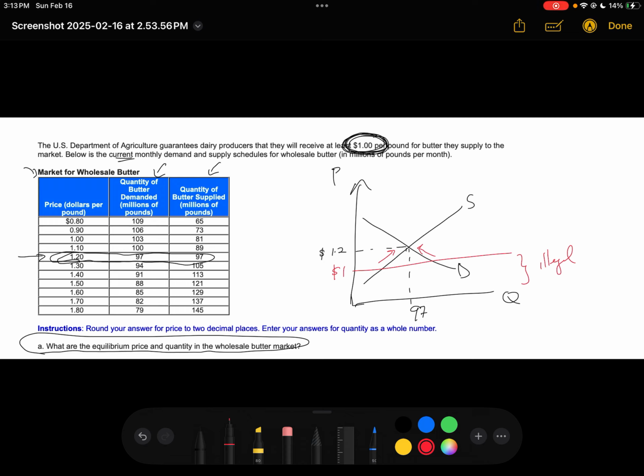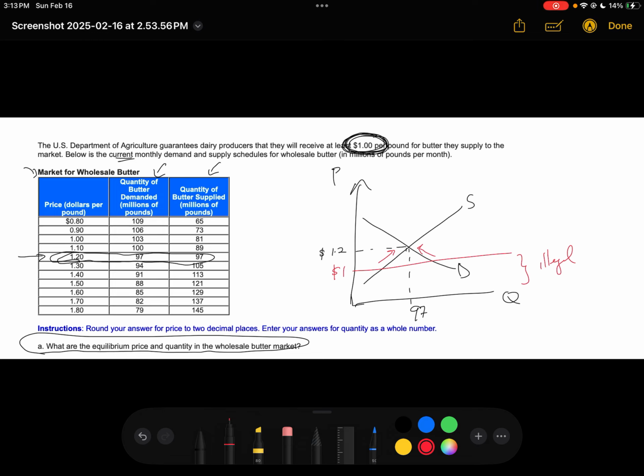So what has this floor of $1, what impact has it had on the market? No impact. Do you see what is happening here? This is not placing the floor below the equilibrium. It's not a binding price floor. It is a price floor, but it's a non-binding one. All right.